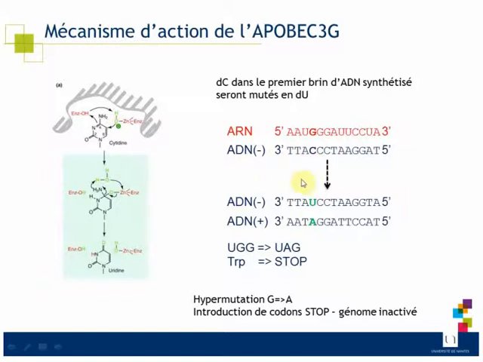Once you cleave off that amine group, you've got uridine. Okay, so this is on the minus strand. So the net effect is that you're going to have a mutation of G to A in the plus strand. So that's the net effect of APOBEC. It's going to induce G to A hypermutation in the virus genome.